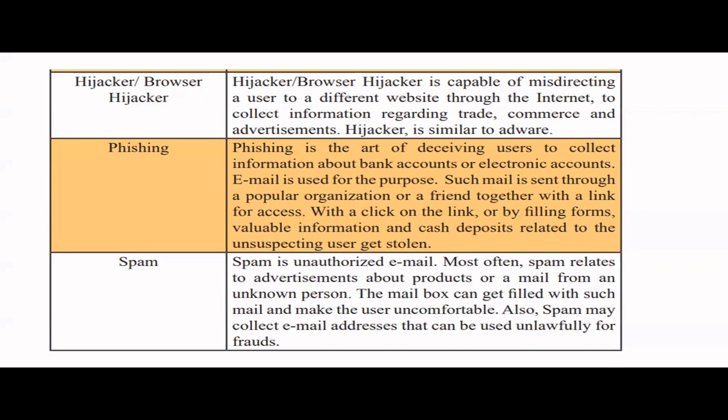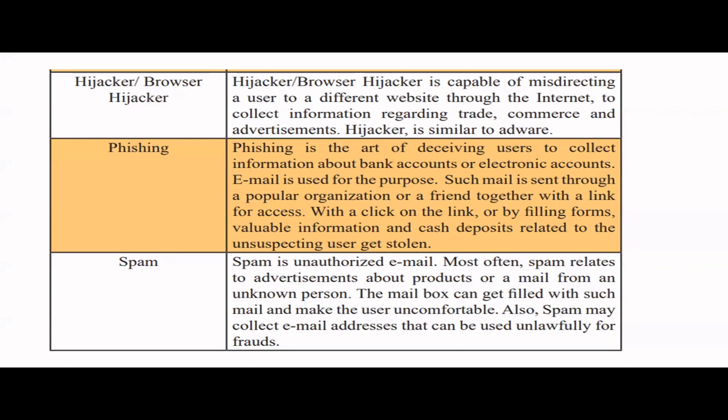Spam. Spam is unauthorized email. You are sometimes getting advertisement-related emails, maybe from unknown people. The mailbox will be filled with unwanted stuff. So in email, we have a separate folder called junk or spam.